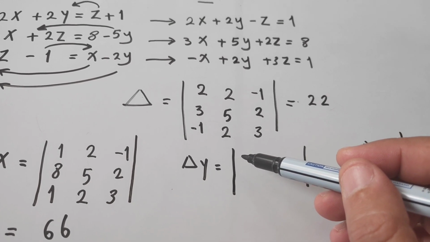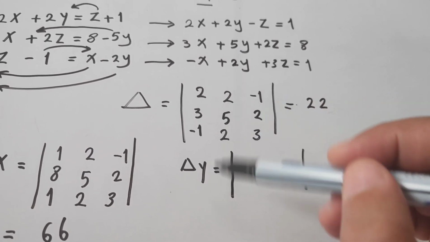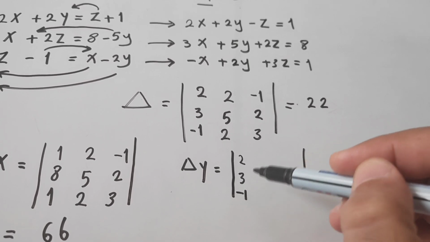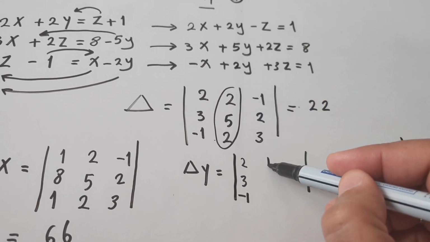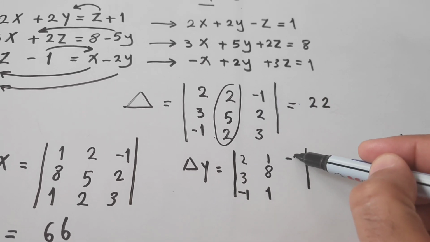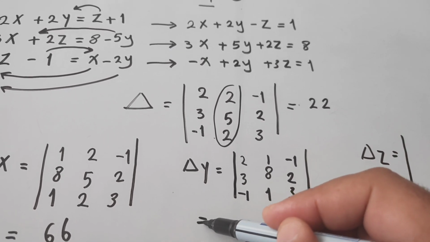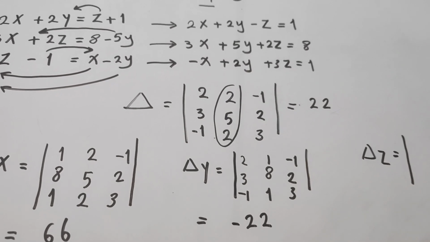Delta y, we change the y column. We put 1, 8, 1 instead of y and find the value delta y equals negative 22.